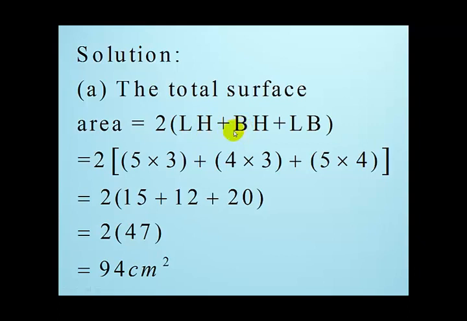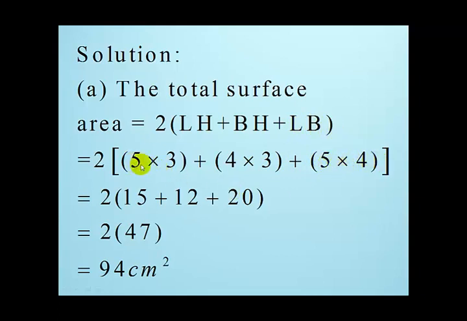By substitution, the total surface area is equal to 2 times, the length is 5 and the height is 3, so LH will be 5 times 3, plus BH, where the breadth is 4 and the height is 3, so we have 4 times 3, plus LB, where the length is 5 and the breadth is 4, so we have 5 times 4.